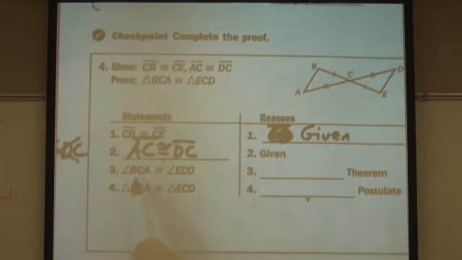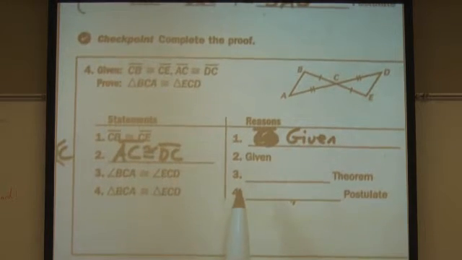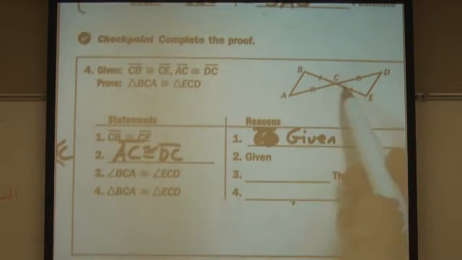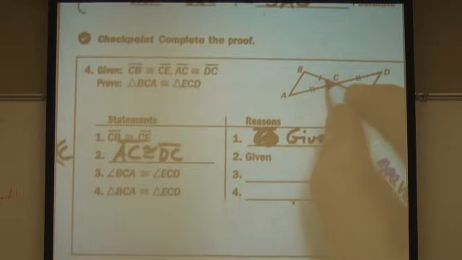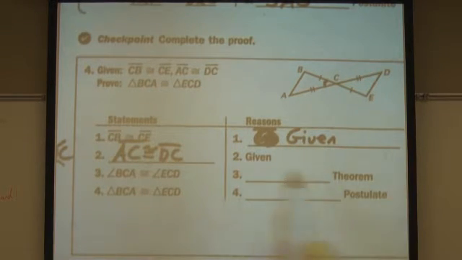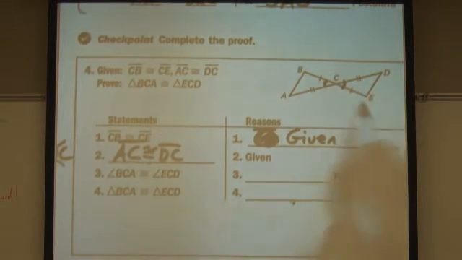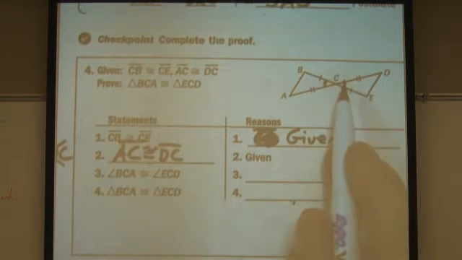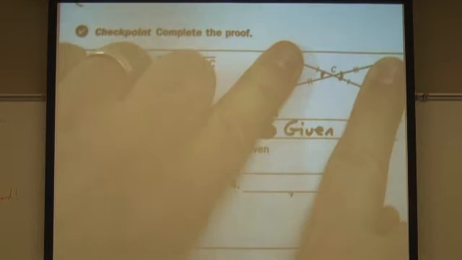And then the third statement, BCA is congruent to ECD. Well, we need to locate those first. BCA, that's this angle right here. And then the other one is ECD, that's this angle right here. Well, why are those two angles congruent to each other? I'm going to use my fingers to mark off these sides there.